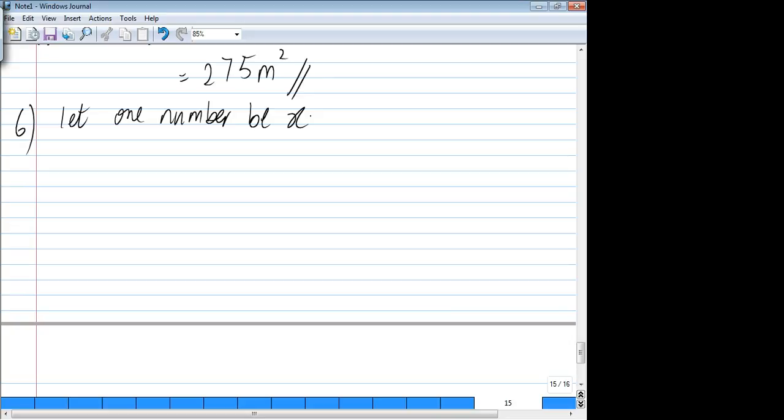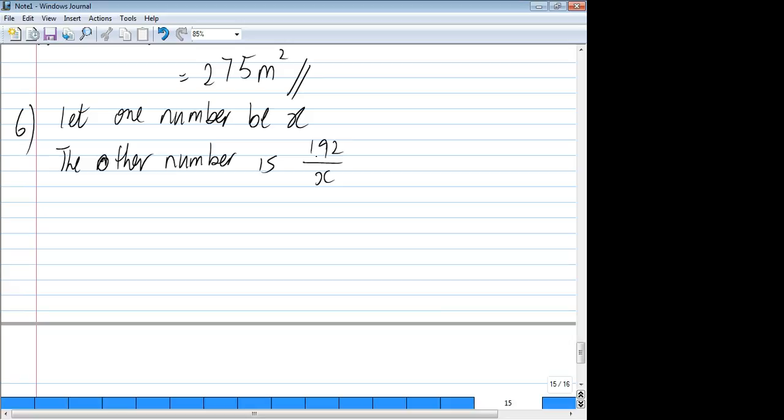So, x times something is equal to 192, isn't it? So, the other number must be 192 over x. Right? So that when we multiply them together, you get 192. Make sense?